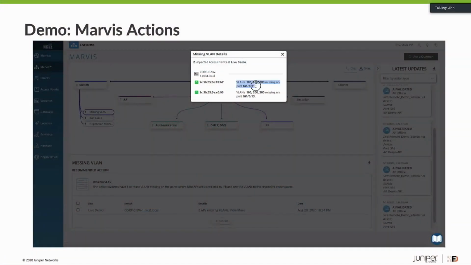This one framework is for us to not inundate you with alerts after alerts or issues after issues; being able to tell you these are issues that you can take actions on was our end goal. Here in this example, you're able to see that 2 APs are missing VLANs that need to be on the switch side.